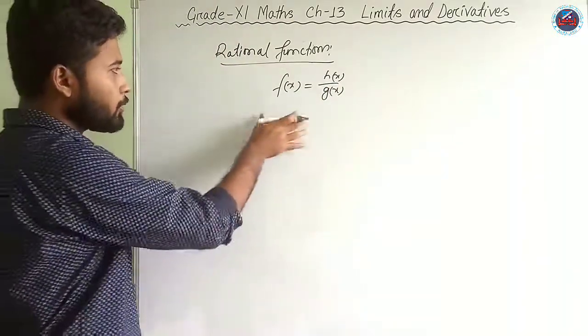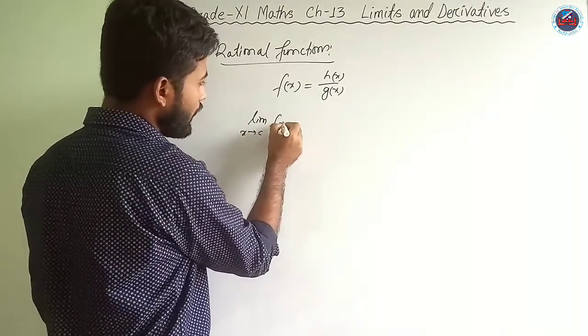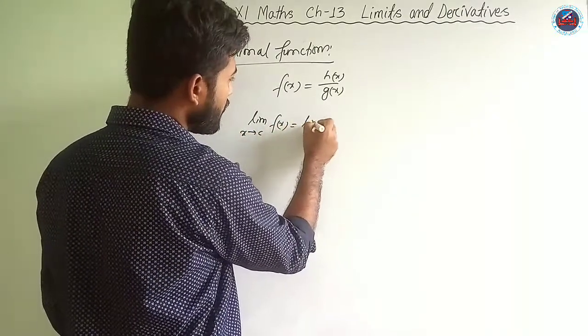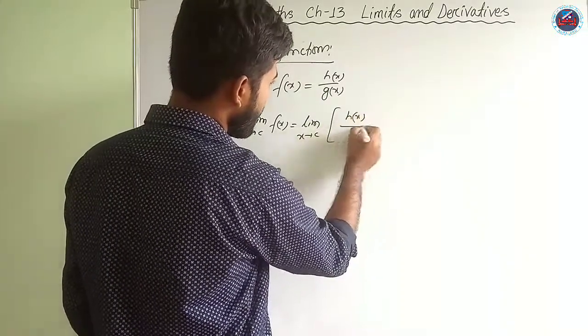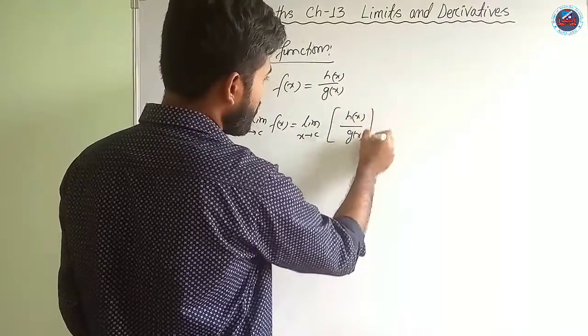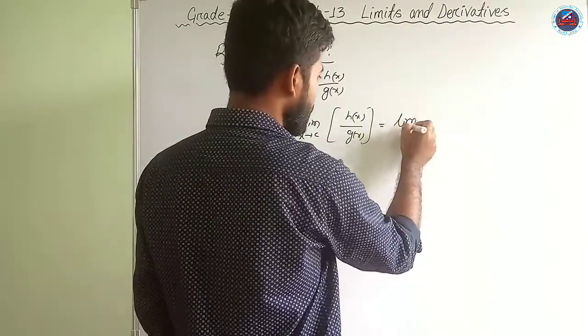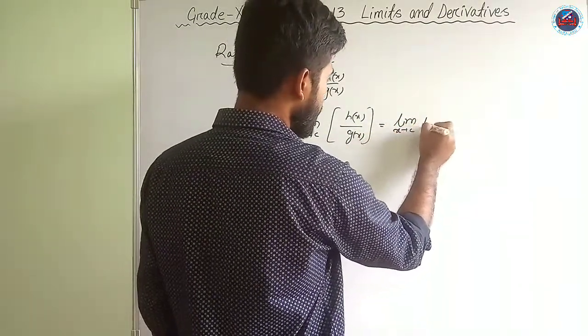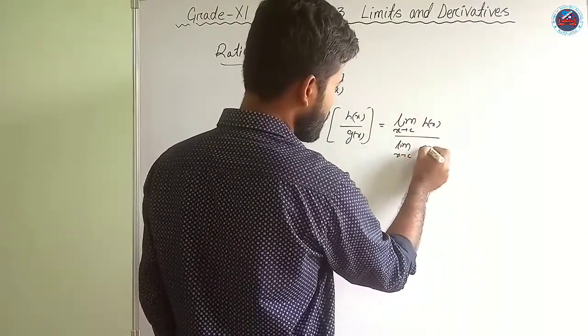If I want to take the limit as x tends to c of f(x), it will be the limit as x tends to c of h(x) divided by g(x). Using the algebra of limits, this can be written as the limit as x tends to c of h(x) divided by the limit as x tends to c of g(x).